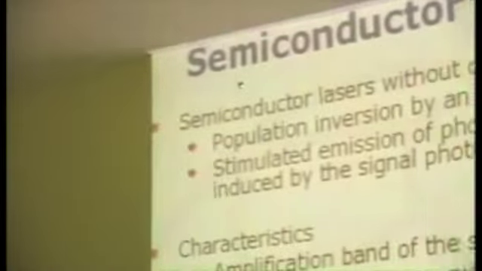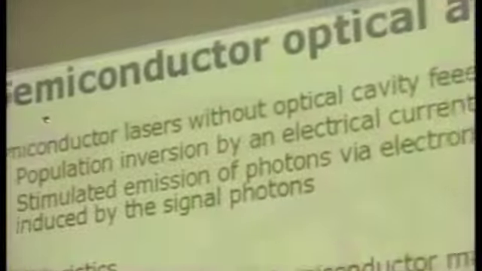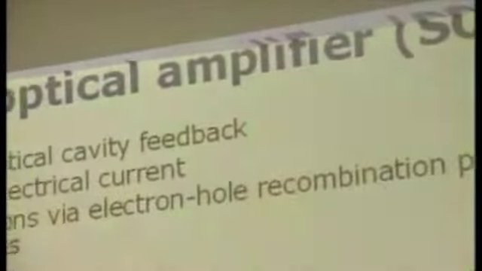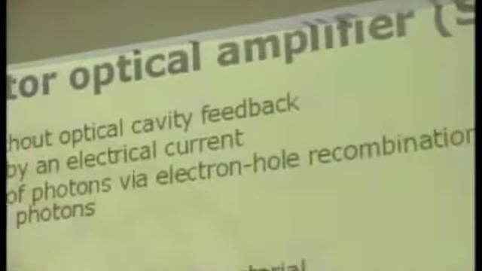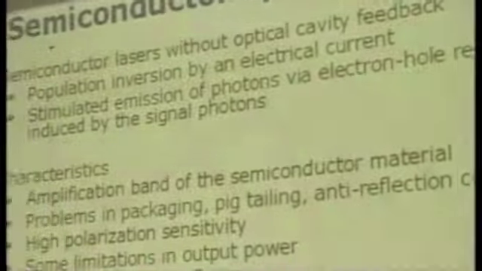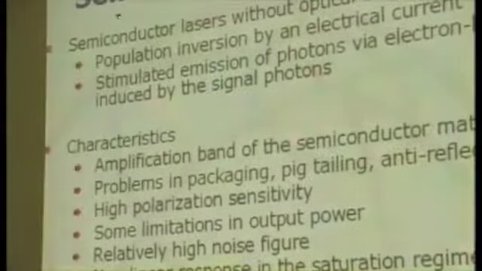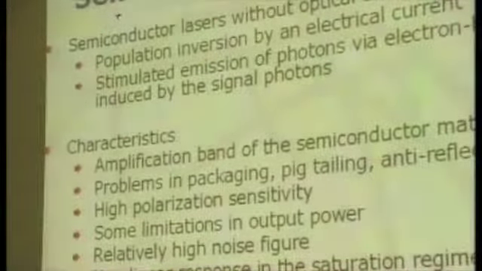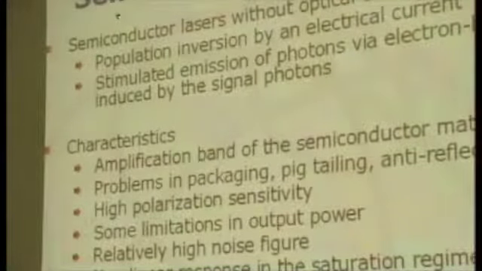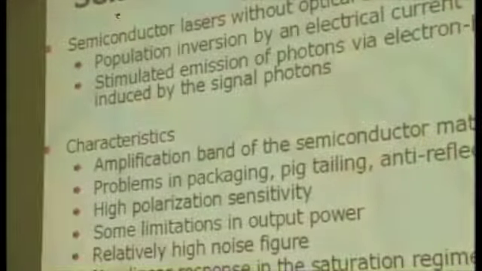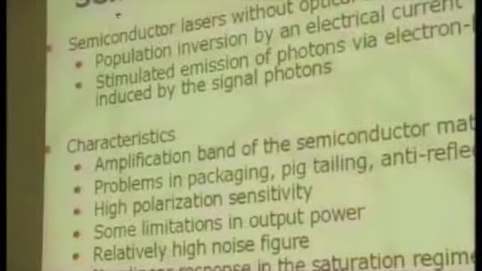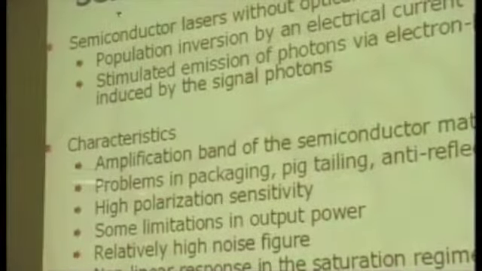Of course, this amplifier has no mirror, because this is just an amplifier, not an oscillator. And it's not so important to learn about the semiconductor optical amplifier because normally we don't use such a device in the system, only in special cases.